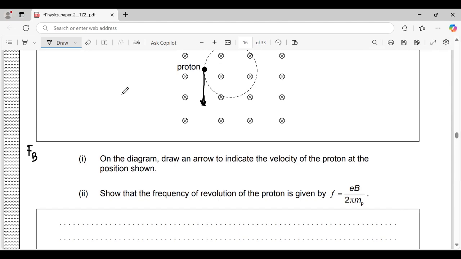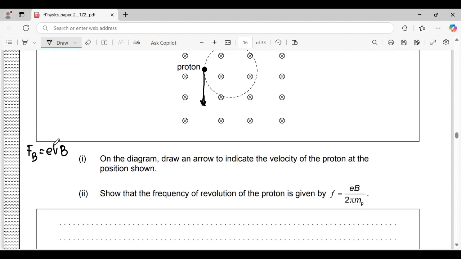Because of the magnetic field, we can express FB, the symbol of magnetic force, as FB equals e times v times B.